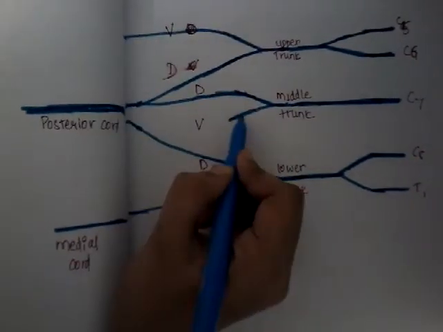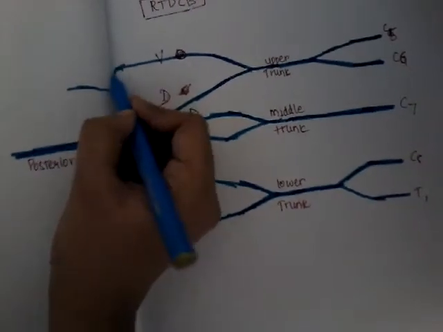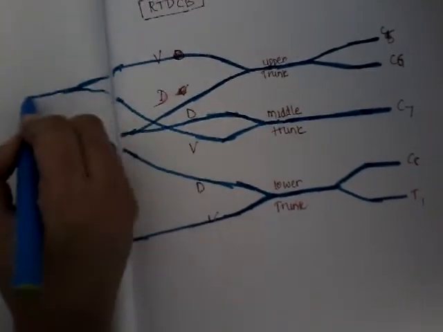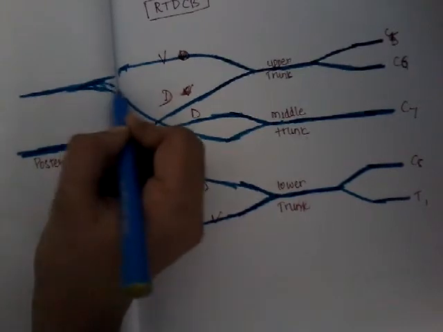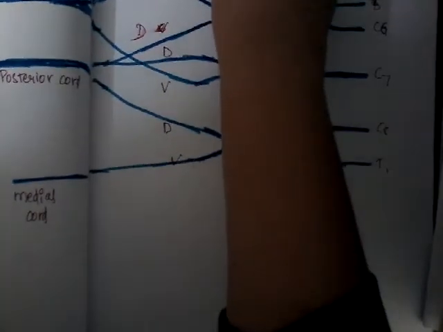The ventral divisions of the upper and middle trunk will combine together and they form the lateral cord.